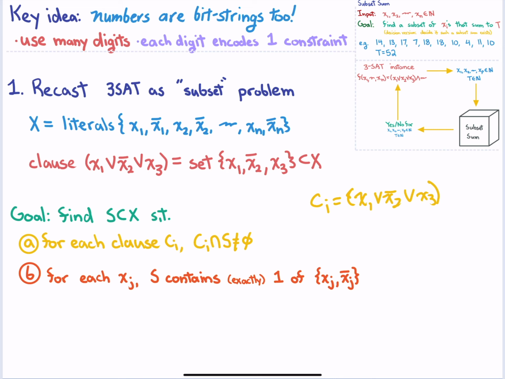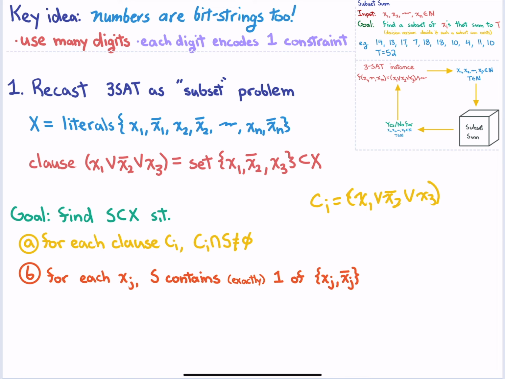I need B because I'm not allowed to set xj to be true and false. I either set xj to be true or I set xj to be false. So in terms of our set thing, we're trying to find a set of literals where choosing xj is like setting xj to be true, and choosing xj bar is like setting xj to be false.